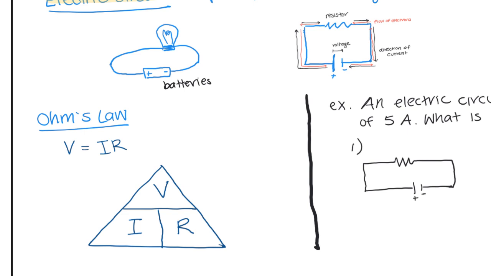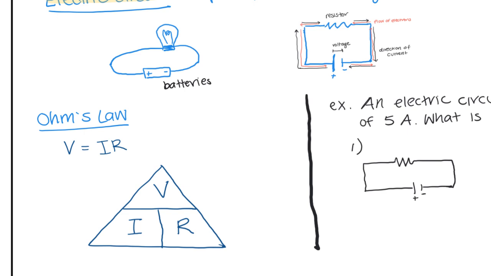There's a positive charge on the positive terminal, and there's a negative electric charge on the negative terminal. And that's going to affect the direction of the current through the circuit. So if you recall, when we talked about current, our current in a circuit travels in the direction a positive charge would travel in the circuit.